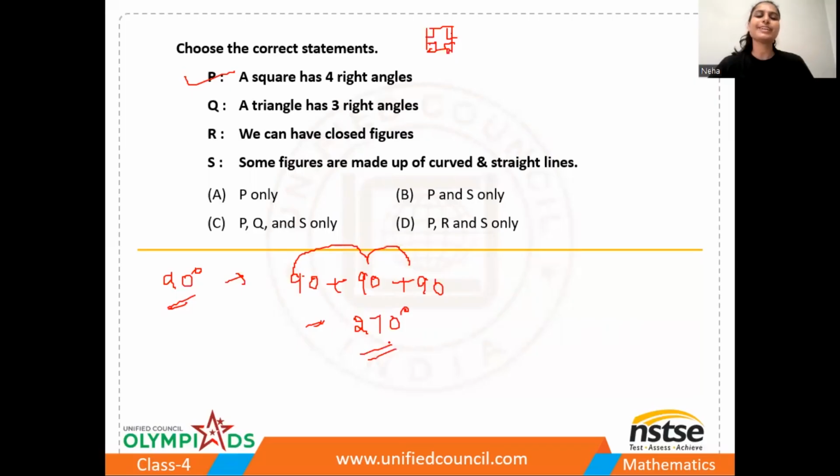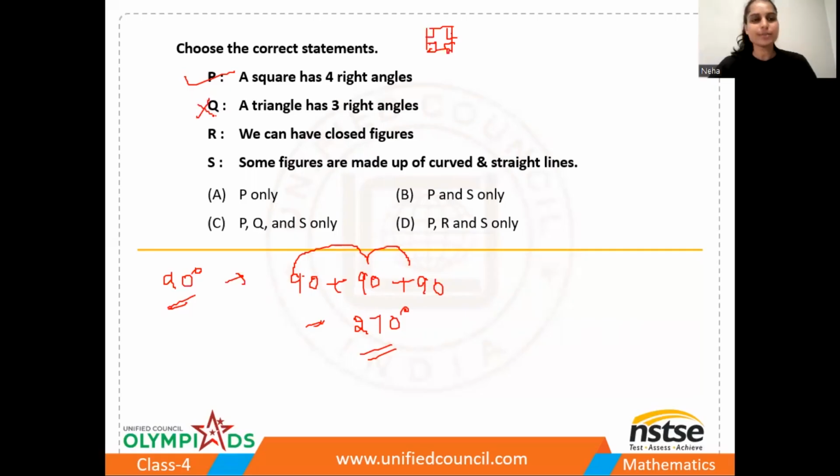And we know that the sum of all the angles of a triangle is always 180 degrees, right? It cannot be greater than 180 degrees and it cannot be less than 180 degrees. So the second statement is not true.